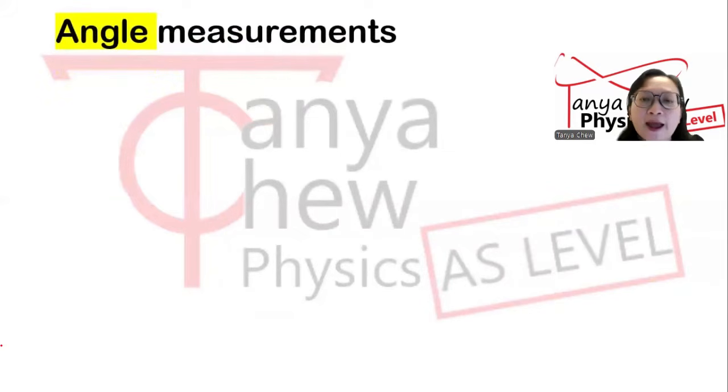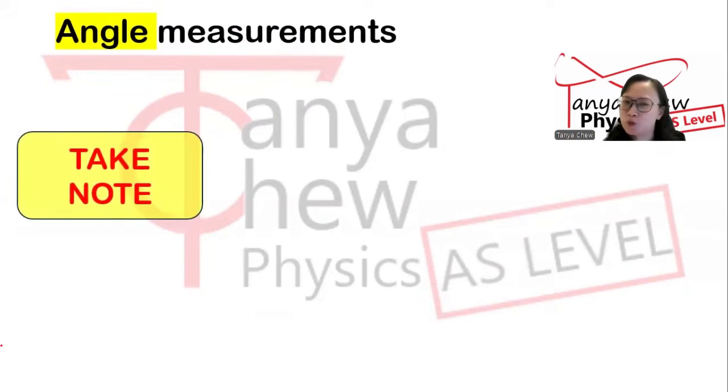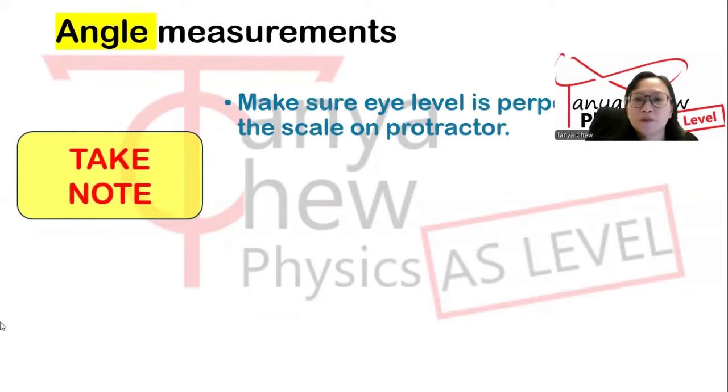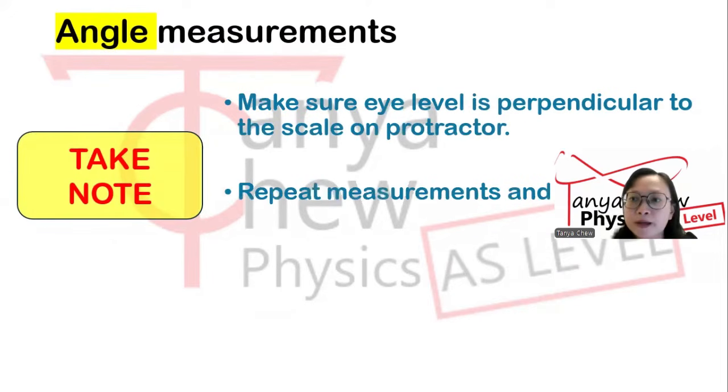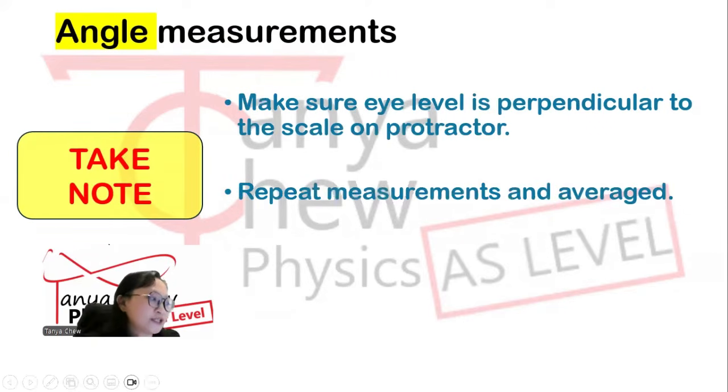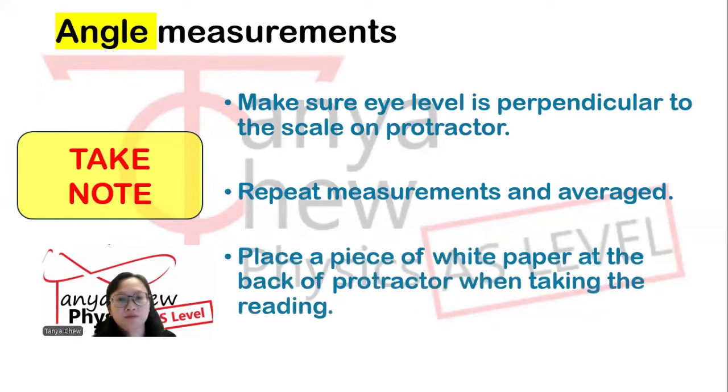The next one is about angle measurements. So what do you need to take note of? First of all, make sure that your eye level is always perpendicular to the scale on your protractor. Second, make sure that you repeat your measurements and find the average. Normally the protractor given in the lab is a transparent protractor.